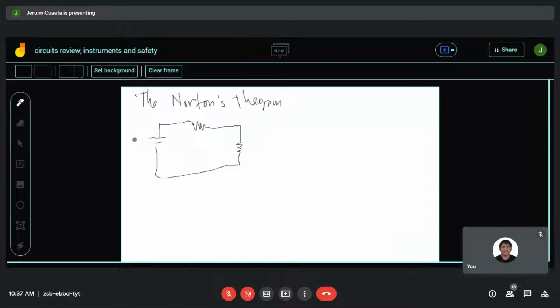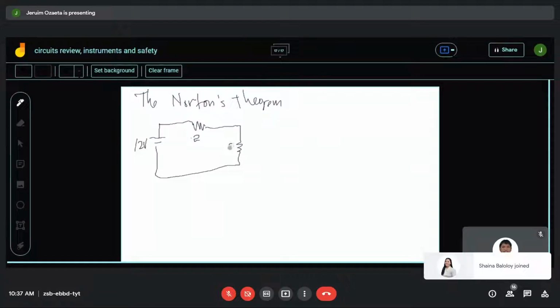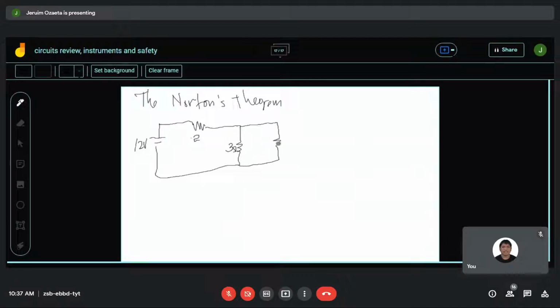Let's say this is 12 volts. This is 2 ohms. This is 3 ohms. And connected is the load 4 ohms. Now we have to find the current at the 4 ohm resistor by Norton's theorem.